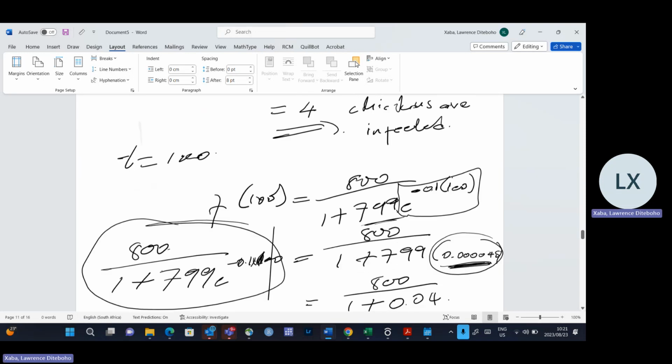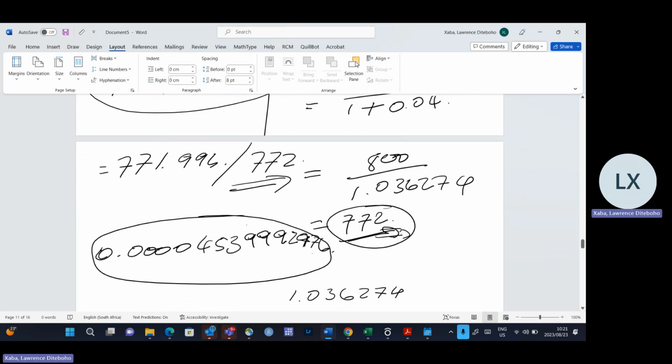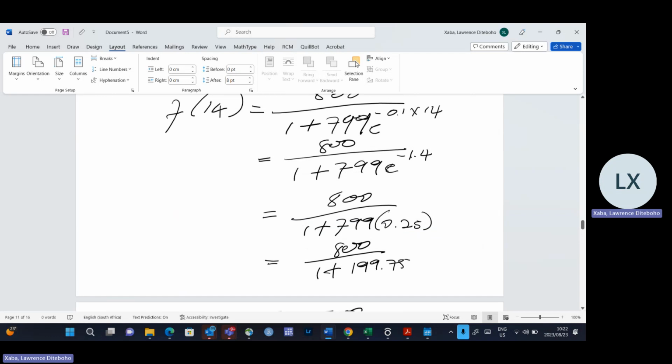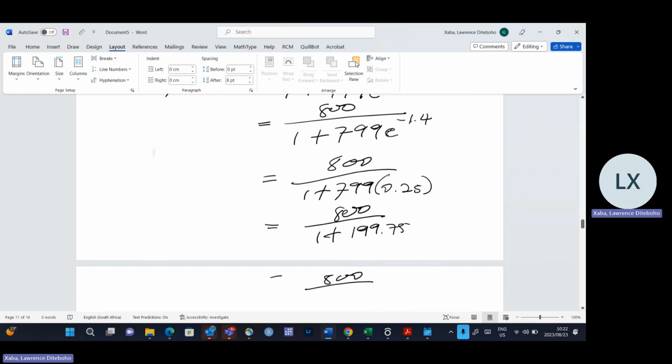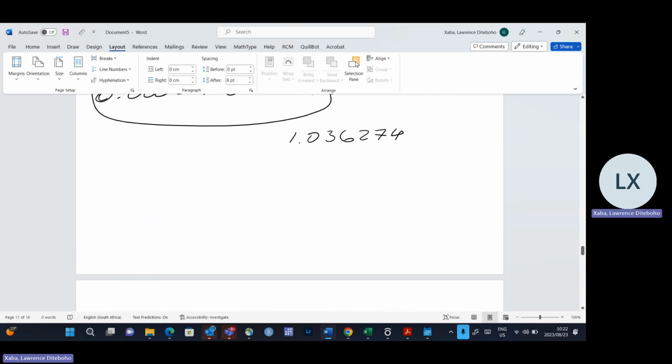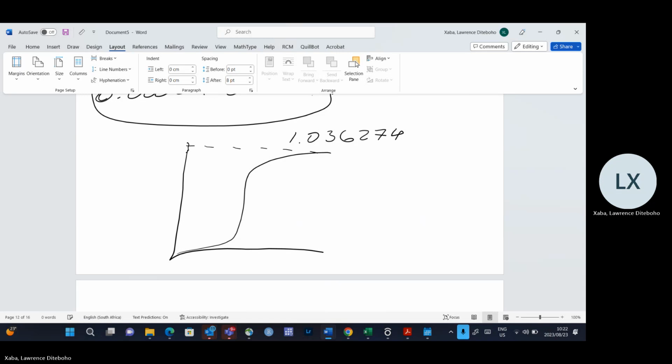So if this is the number of chickens that we have, it will grow, but at some point there is a limit. I'll just put it somewhere here. So we are saying this is logistic. You find somewhere here that's where we have all our 772 chickens. We started here with 1 chicken, then it went up to 4 chickens.